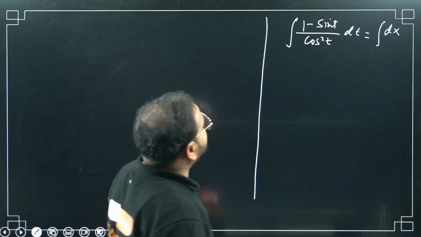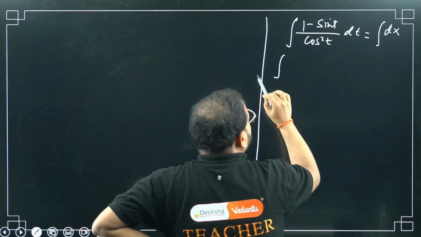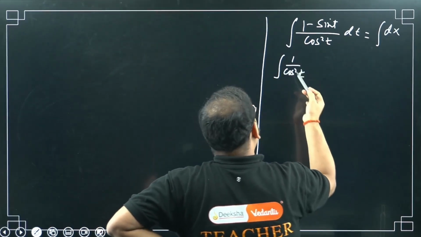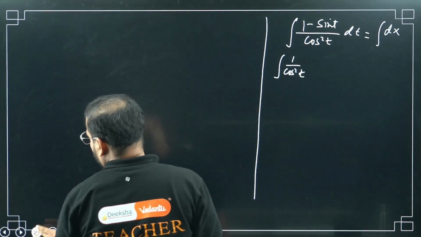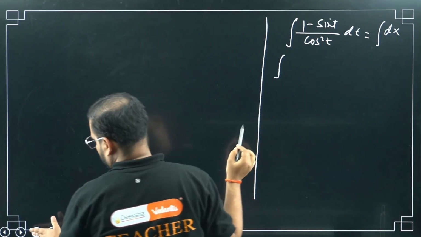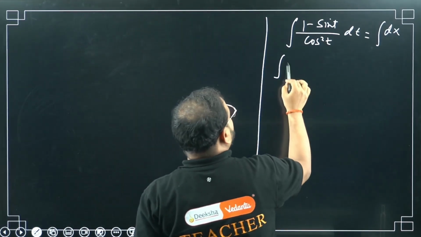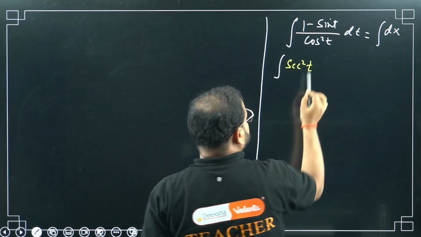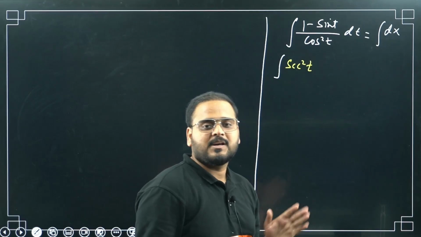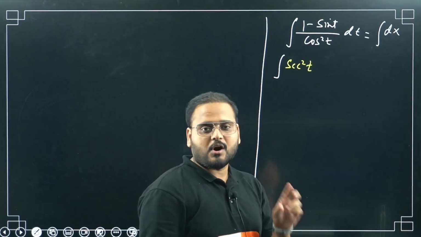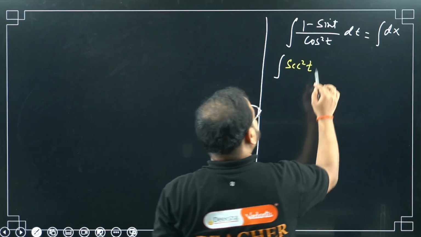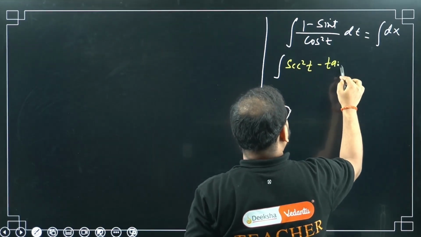Now I can just separate the numerator, making 2 fractions. So 1 by cos square t, what will that become? Simply sec square t. I hope you are able to understand that. Now sin t by cos square t. Out of cos square I'm going to take 1 cos, and sin by cos I'll write as tan t.